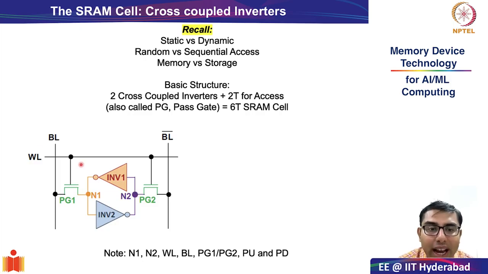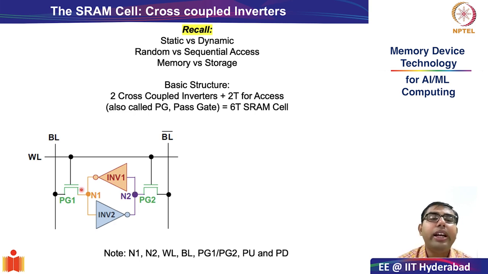So in essence, when pass gate 1 and pass gate 2, whose gates are connected to each other, are turned on, the voltage on storage node 1 will be reflected on bit line, and the voltage on storage node 2 will be reflected on bit line bar. This also gives you an idea of the terminology. Why are these bit lines called bit line and bit line bar? This is because N1 is always the complement of N2, right?